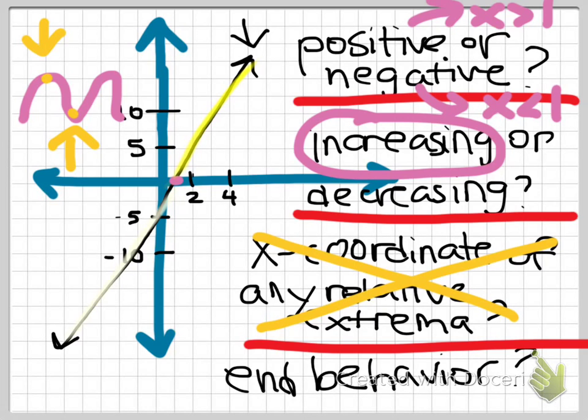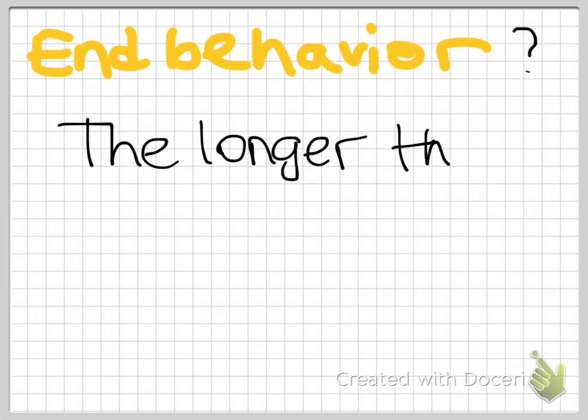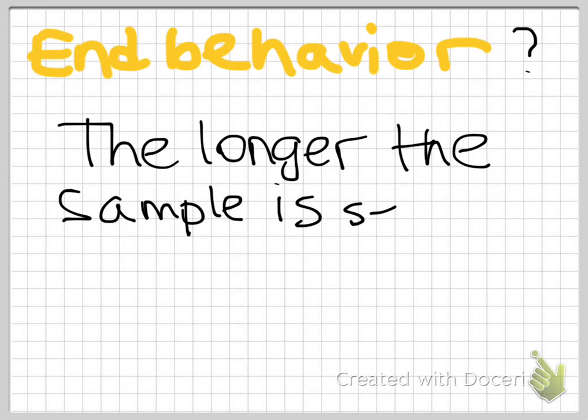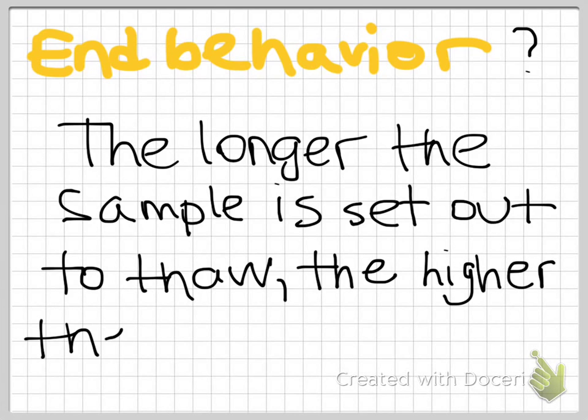So if we're talking about thawing out something from the freezer, we can continue to say that the longer it's let out, so the longer the sample is set out to thaw, the higher the temperature will be.